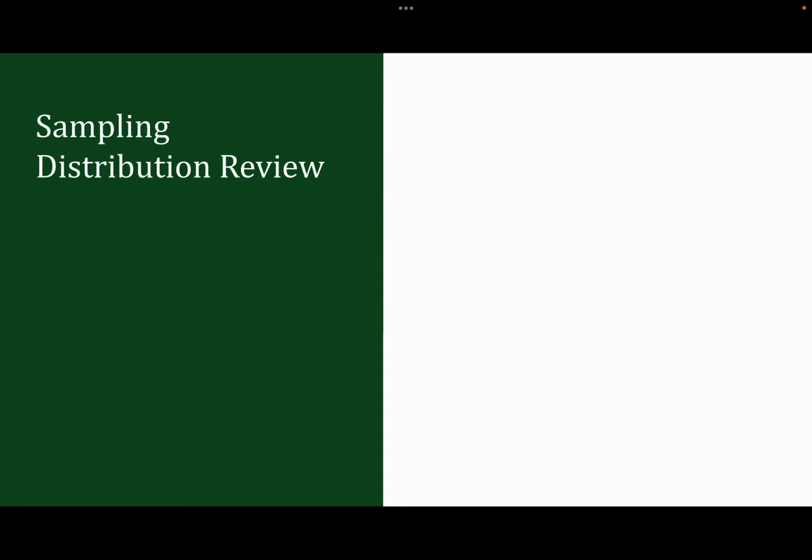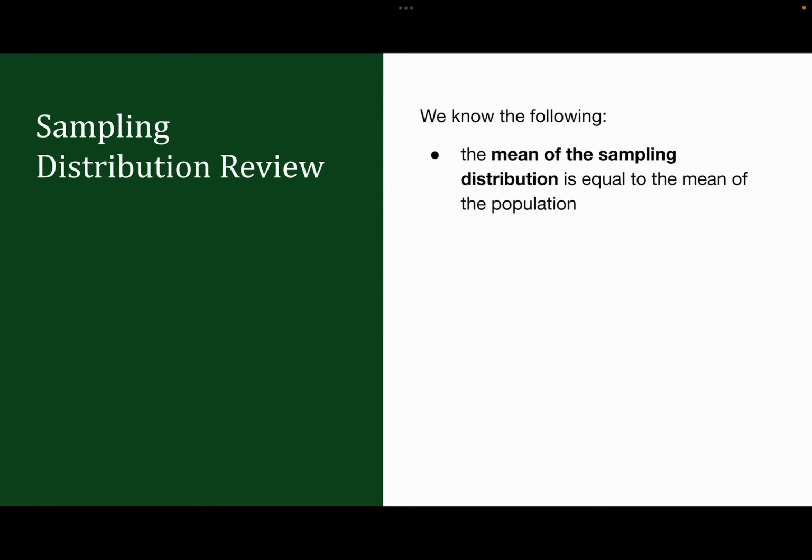So let's do a really quick review of the important parts of a sampling distribution. We know that there are two things that are true about a sampling distribution. We expect that the mean of the sampling distribution is equal to the mean of the population, and we expect that the standard deviation of the sampling distribution is smaller than the standard deviation of the population.